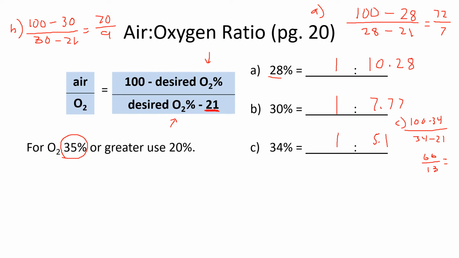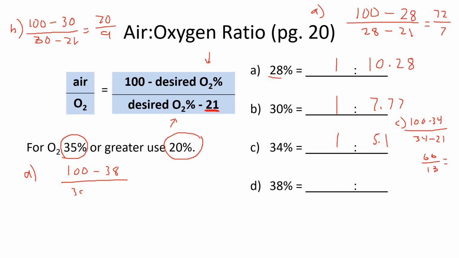So air oxygen ratio, just plug and chug. Now for 38, we've got to use 20. 100 minus 38 over 38 minus 20. 62 over 18.